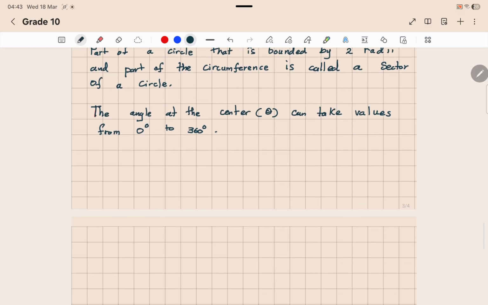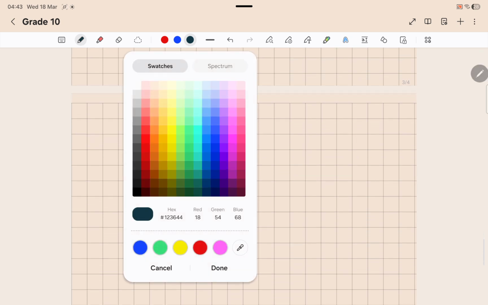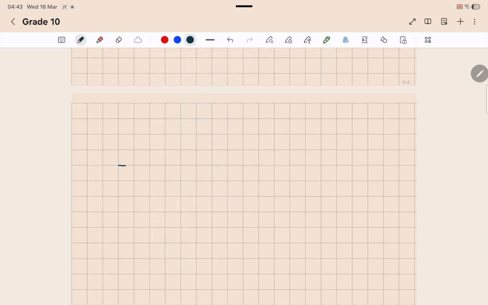Now some special types of sectors. This angle is what? 180 degrees. So this is a semicircle. Let me draw a full circle.